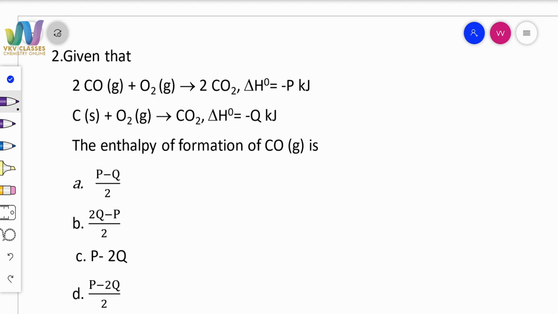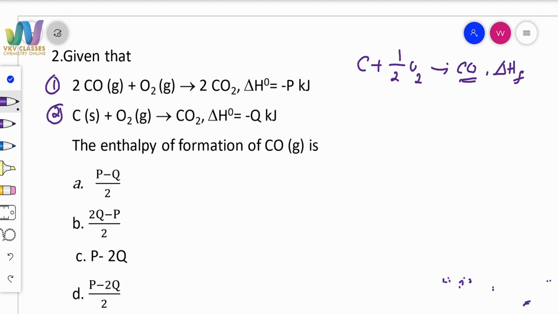Enthalpy of formation of carbon monoxide is, the equation required is carbon combining with half molecule of oxygen forming carbon monoxide. The enthalpy of this reaction is called the enthalpy of formation of carbon monoxide. We have to get this equation from the given two equations. So this is the first equation and this is the second equation.